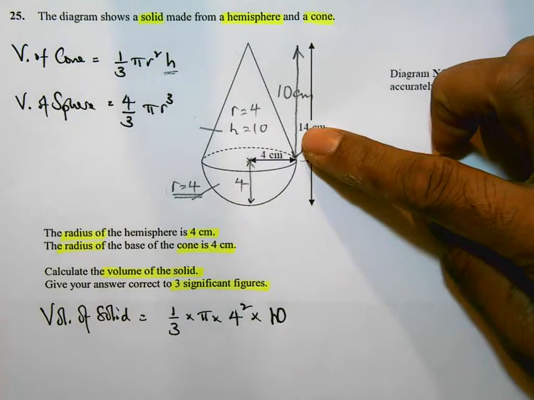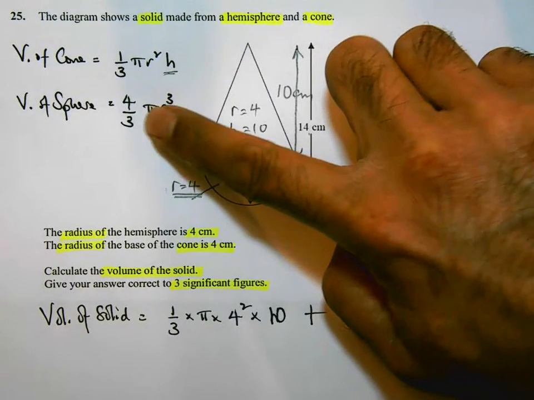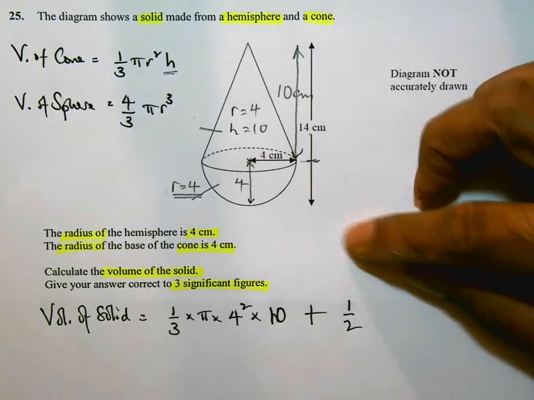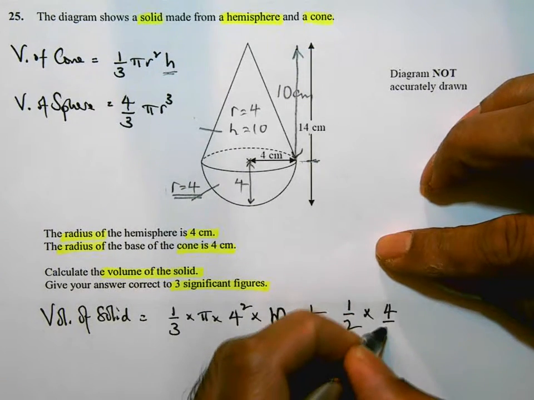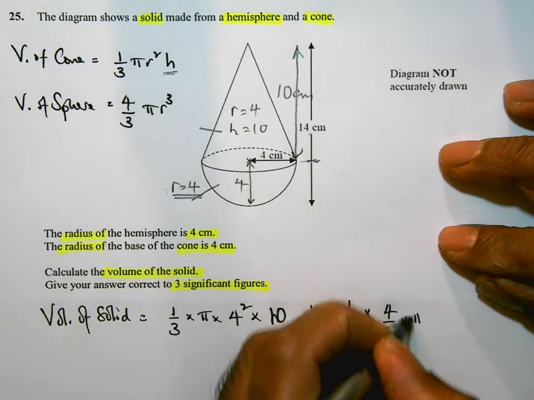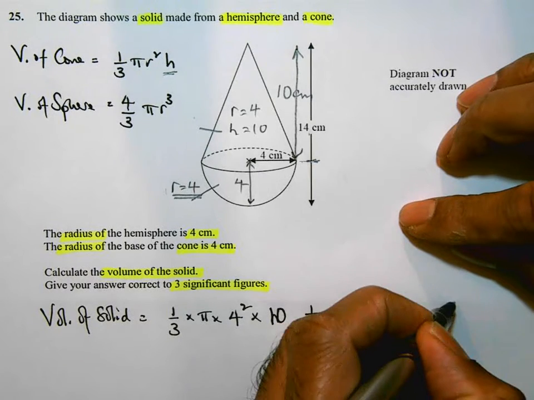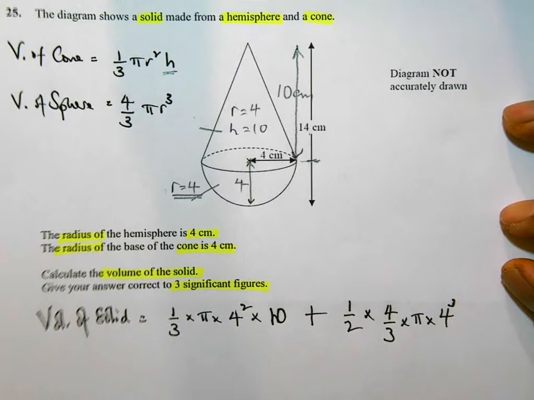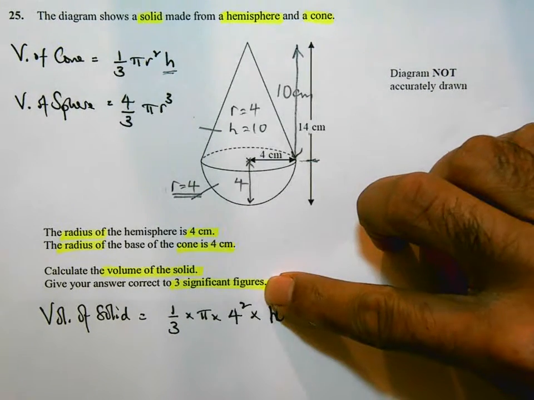And then I'm going to add on to that the volume of the hemisphere. So I'm going to first of all work out the volume of the sphere and half it. So I could have done a half of all of this, 4/3 times pi times the radius, which is 4 cubed. Okay, that is what I need, and I could now use my calculator to work out each of those problems, add up my answer, and then I need to not forget to round it to 3 significant figures.